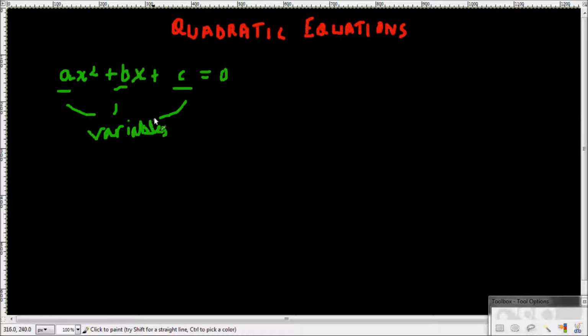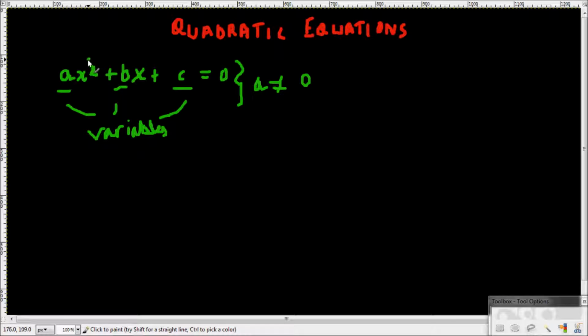And there's one condition attached to this. This will only be a quadratic as long as a is not 0. I'll just give you the reason for that. You may have learned before in middle school that in any algebraic expression, the degree of the polynomial is the highest degree of x.